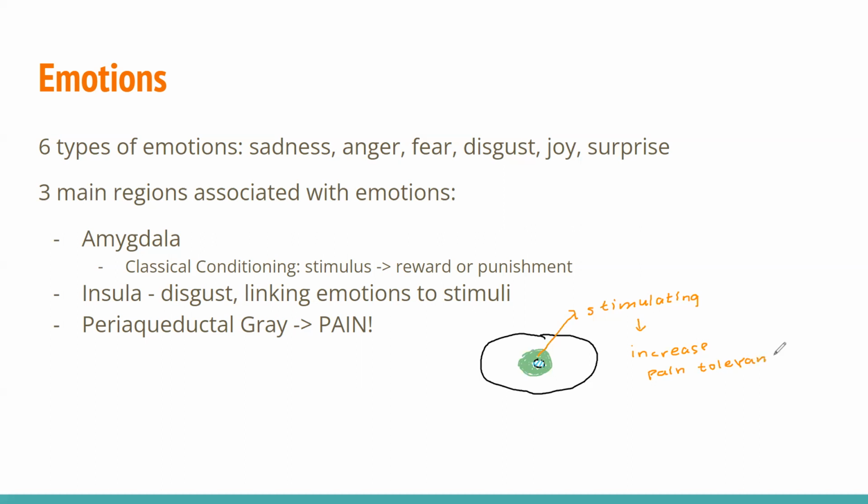So basically, what you're trying to do is increase the pain threshold to the point where that constant pain doesn't feel like pain anymore. It just feels normal to you, right? So your periaqueductal gray plays a major role in your pain management. That's why people in the army, they've stimulated this area and they've increased the threshold for them to feel pain in the first place.